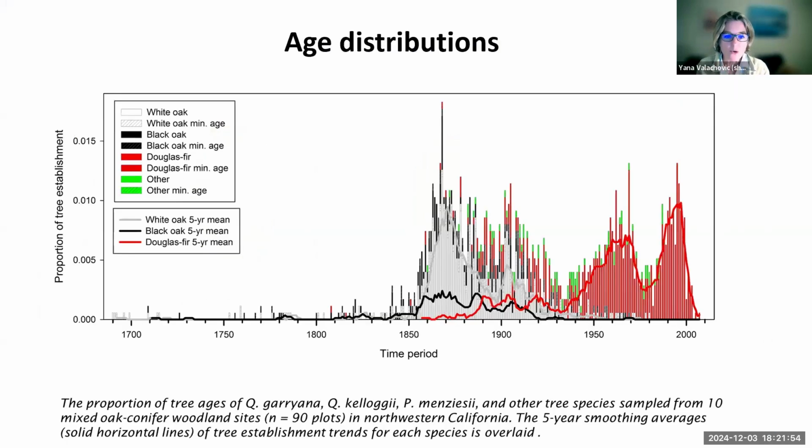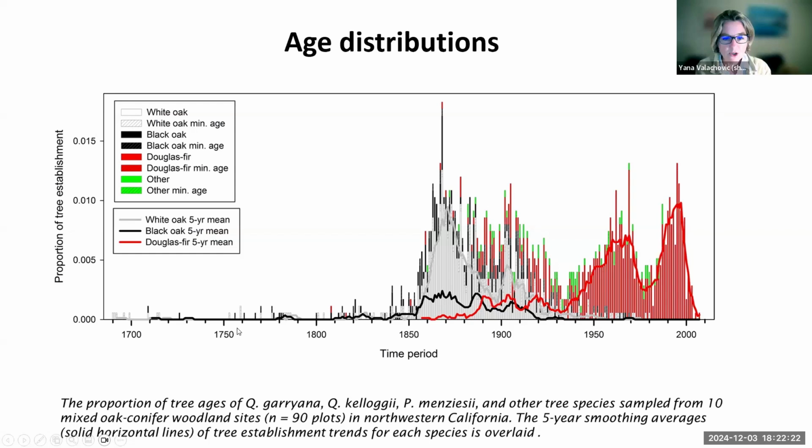So as I wrap up this opening frame, I want to end with a graphic that I'm going to take a moment to explain, which has been some of the most profound element of our work. What you'll see is proportion of tree establishment on the y-axis against time. While we didn't do a full census of all the trees out there, we've got a good sense that there's a bunch of older trees, a bunch of trees dating back to 1650 and such.